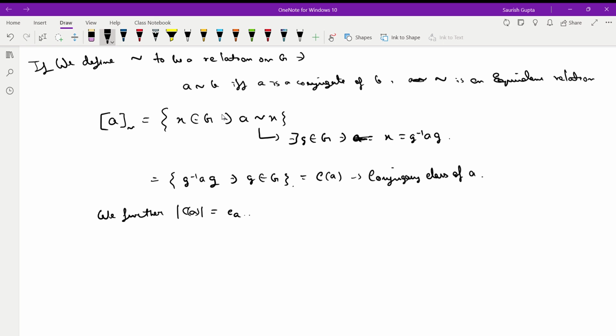Now we know that equivalence classes partition the group G, hence G should be a disjoint union of all these conjugacy classes of A, where A varies over the elements in G. But then I can express the order of G as the summation of all the small c_A, as A varies over G. Clear?